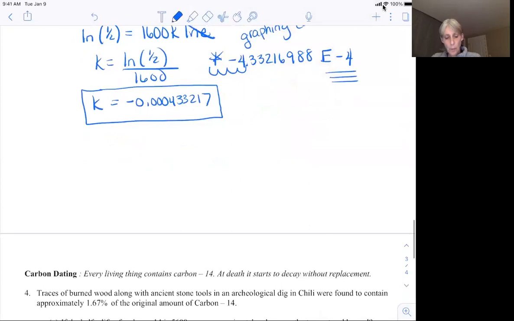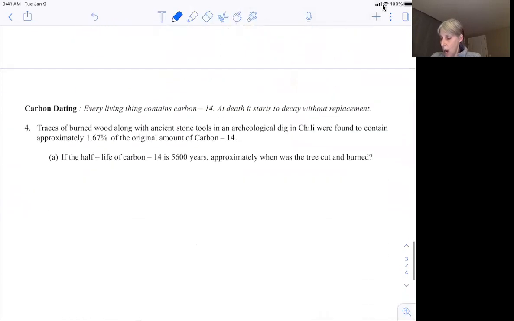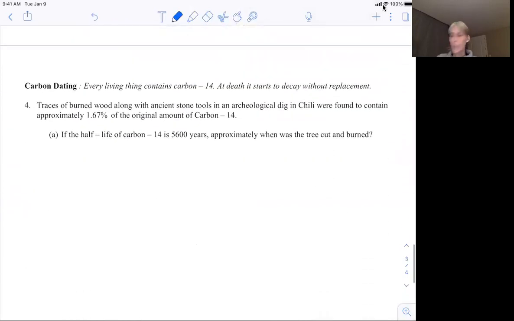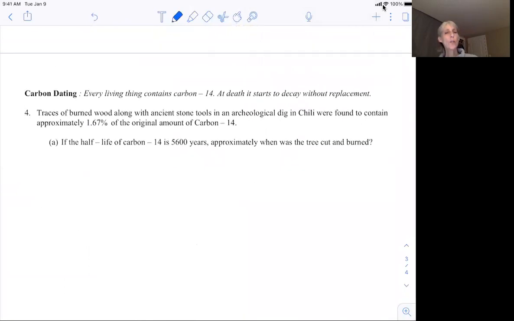Okay. The last type of example I want to look at today is using this concept of half-life to help us in dealing with a multi-step problem. Basically, everyone should understand the concept of carbon dating. Every living thing contains carbon-14, and at death, it starts to decay without replacement. So they use this to see how old something is.